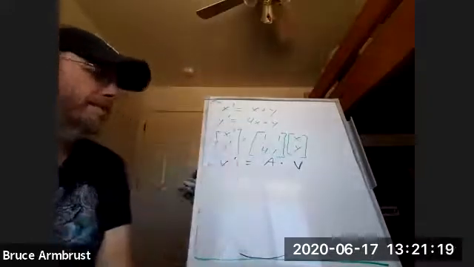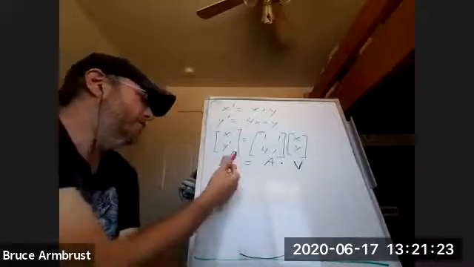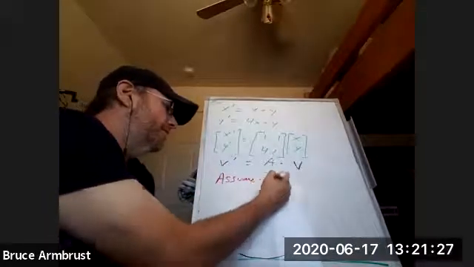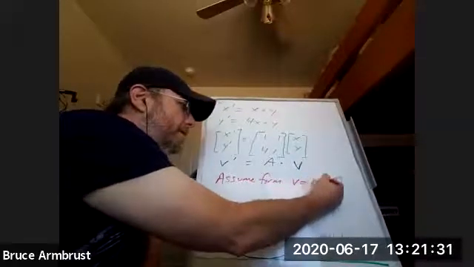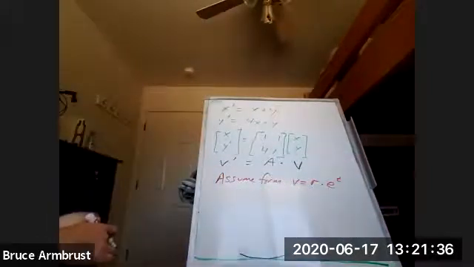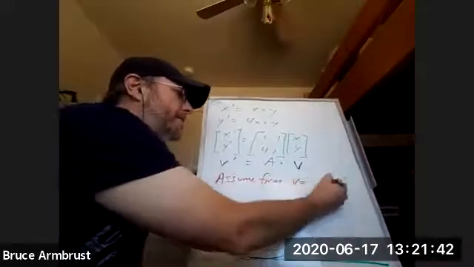But let's just say that it's some sort of an e to the RT. So like always, let's assume a form that V is equal to R times, sorry, R times some sort of e to the RT.